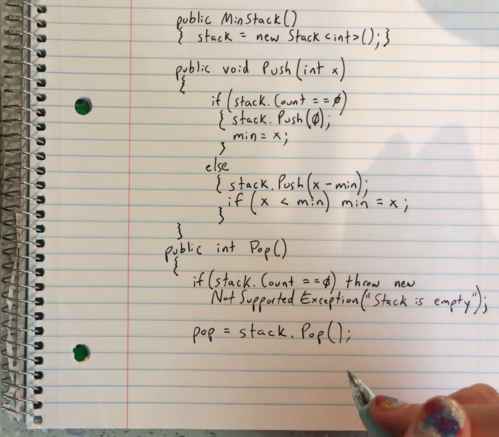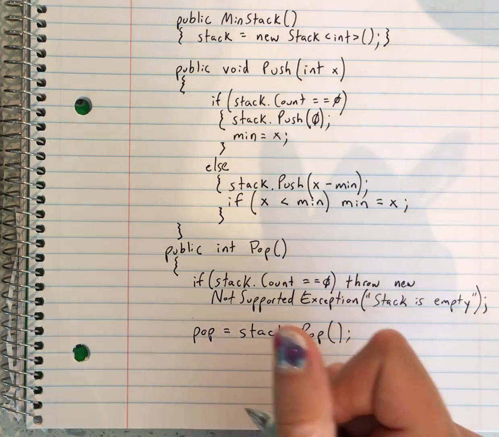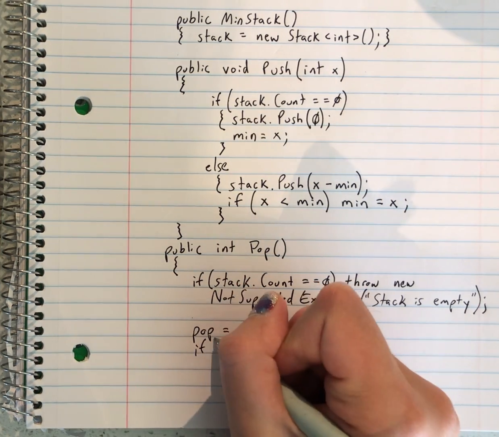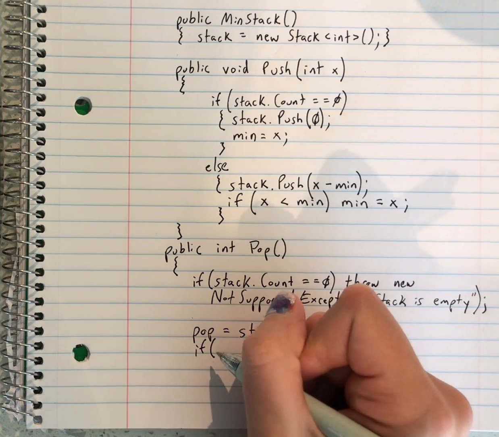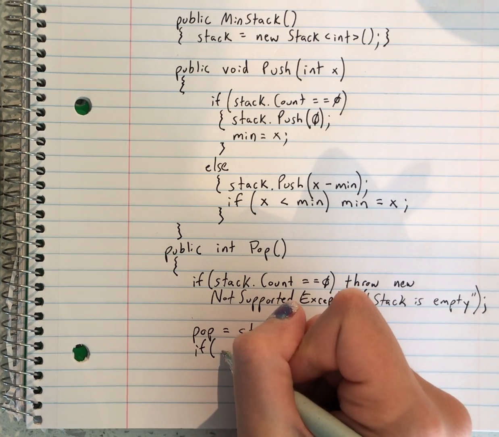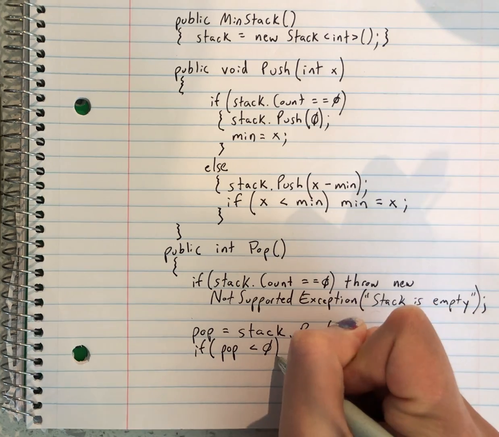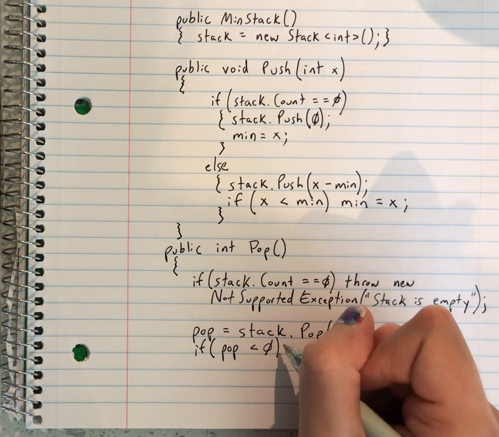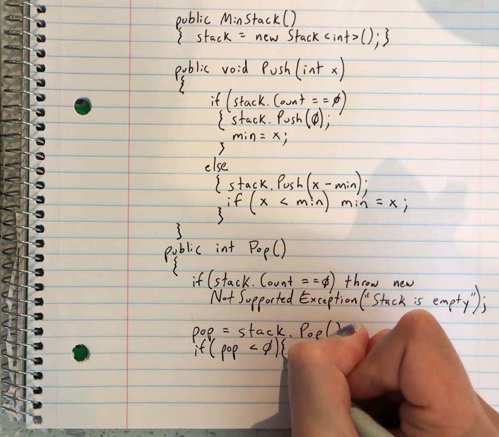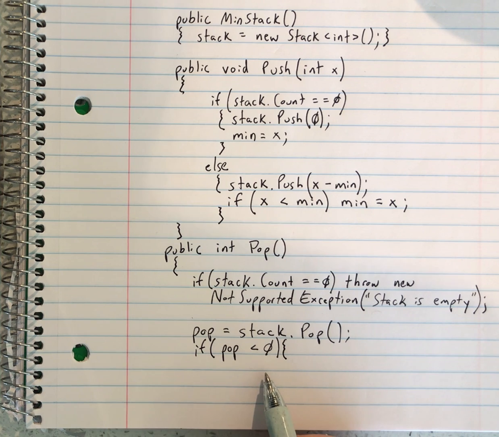We'll see where we end up. If the value we pop is less than 0, so what we're checking right here is if this value used to be a minimum value in our stack.